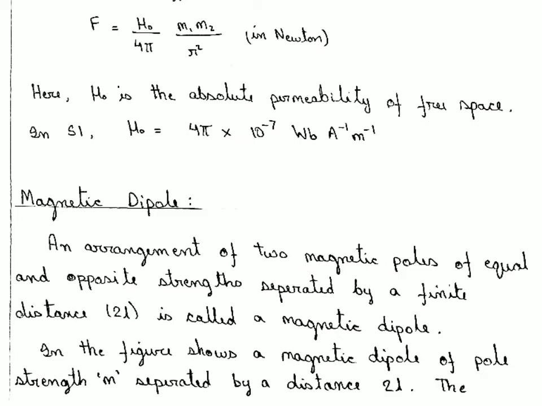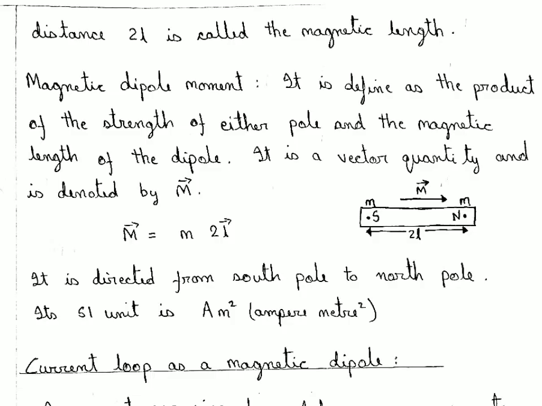So the figure of this magnetic dipole is shown, and as you can see here, there is a north pole and a south pole, each having the same pole strength m. The magnetic dipole moment of this magnetic dipole is defined as the product of the strength of either pole and the magnetic length of the dipole, and it is a vector quantity denoted by capital M. Remember in chapter 1 we had the electric dipole moment.